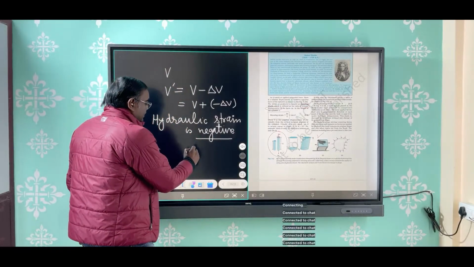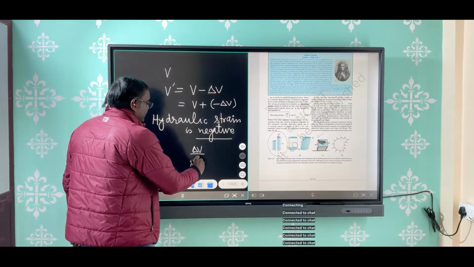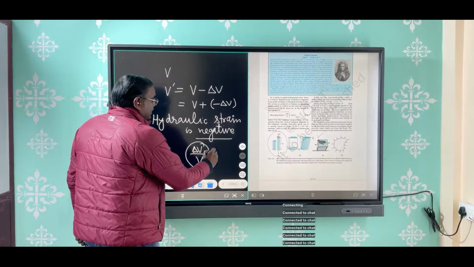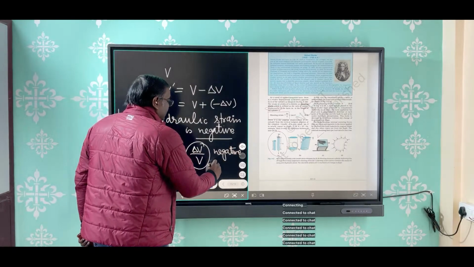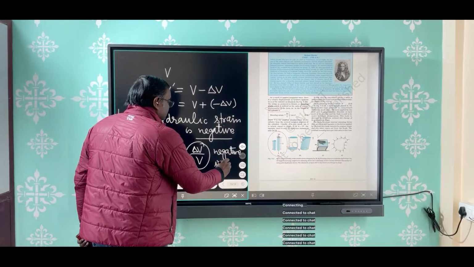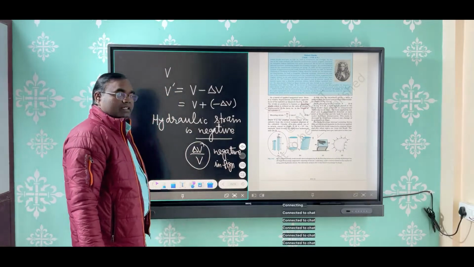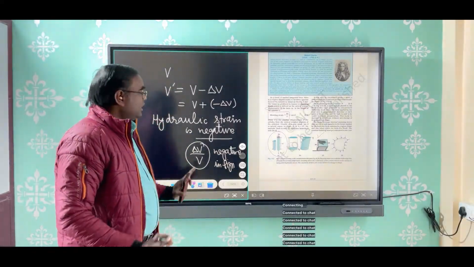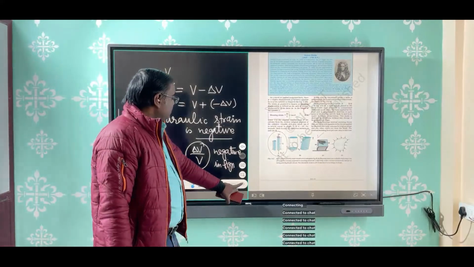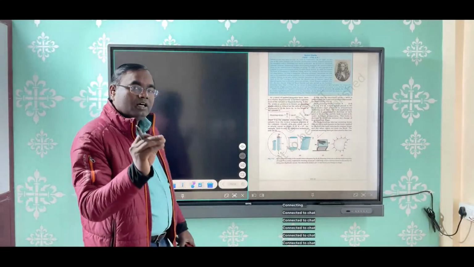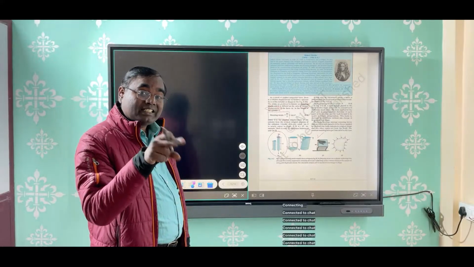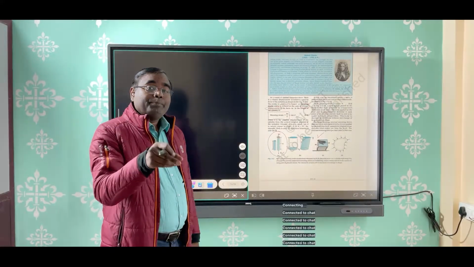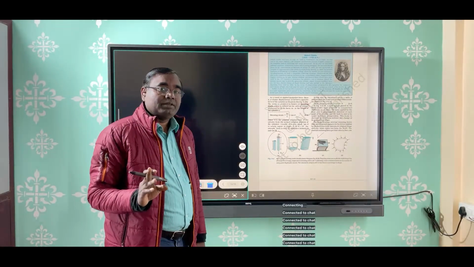So hydraulic strain delta V by V will be negative in sign, right? So this is clear up to here. Now let us derive a basic formula for hydraulic strain that may be important for your examination point of view.